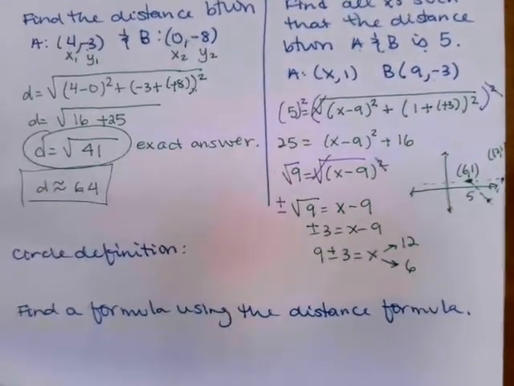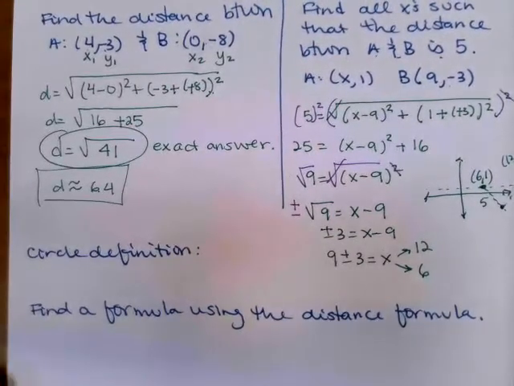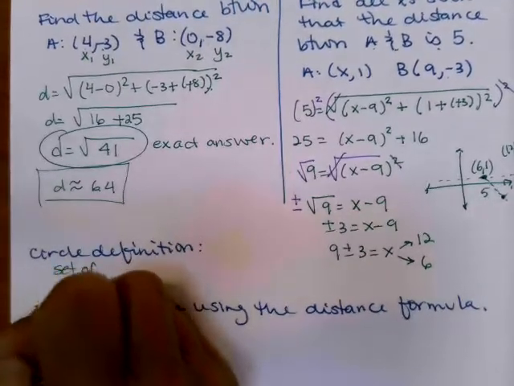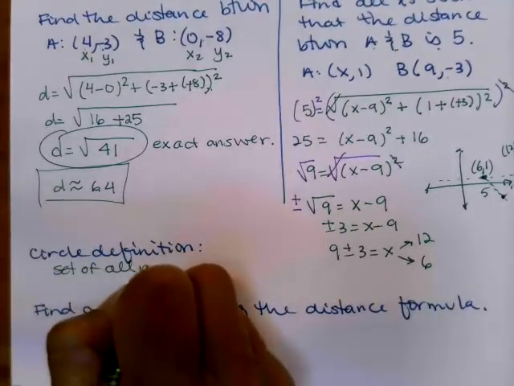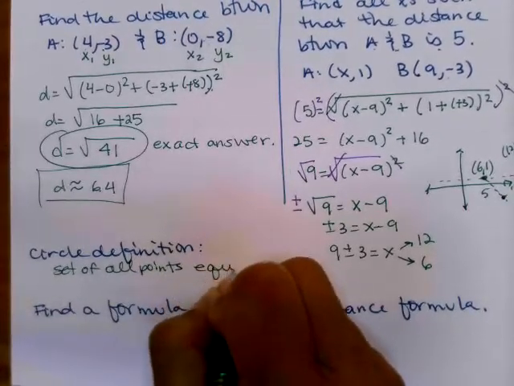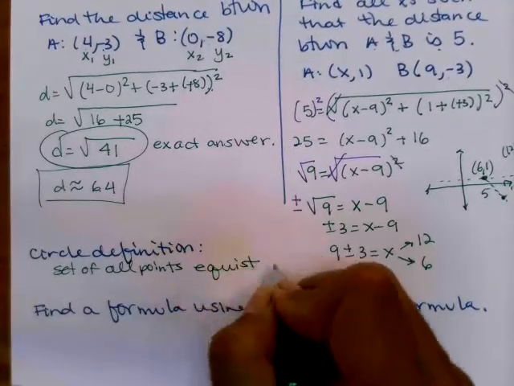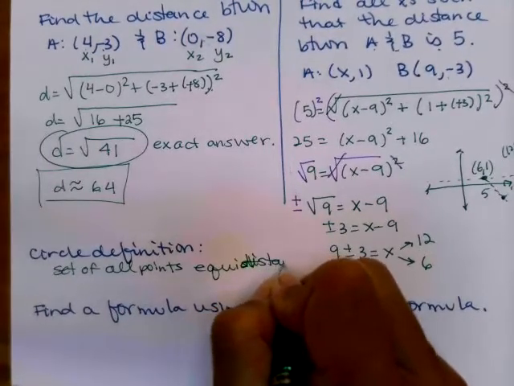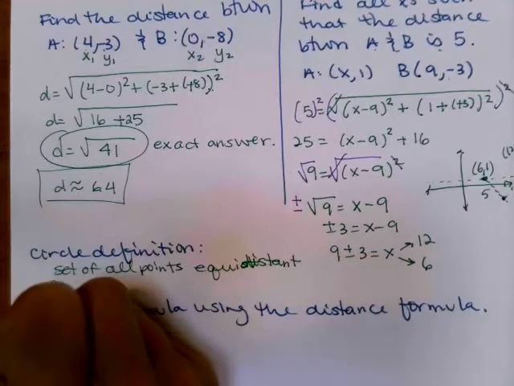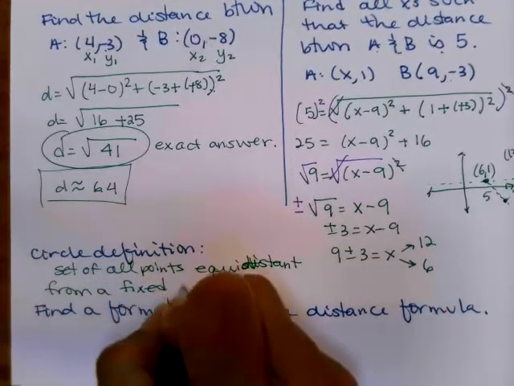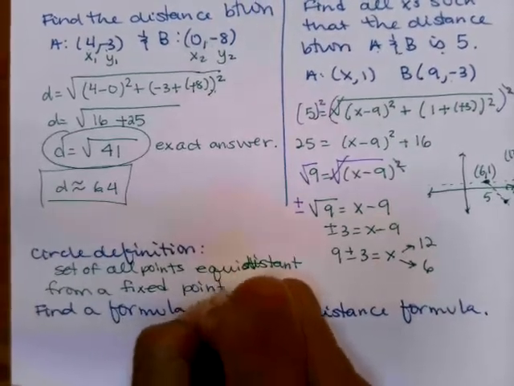So the circle definition from maybe your high school geometry class. Right? It is the set of all points equidistant from a fixed point.